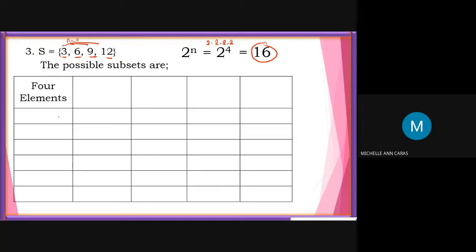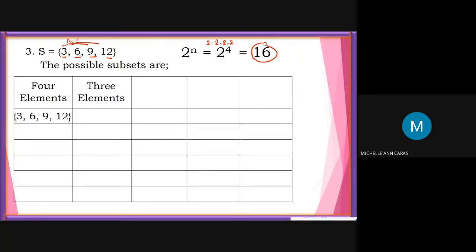And ano tong under sa set S nga 4 elements? So we have 3, 6, 9, kag 12. Okay. Pwede man siya, class, baliktad. Pwede man siya in any order, but still ang value niya, miski baliktad, is still the same.